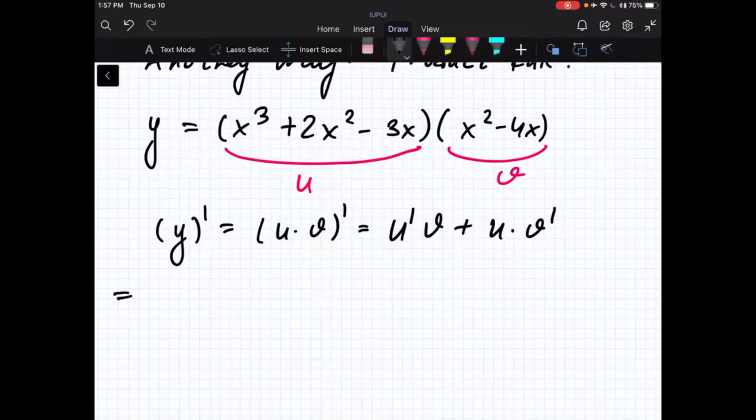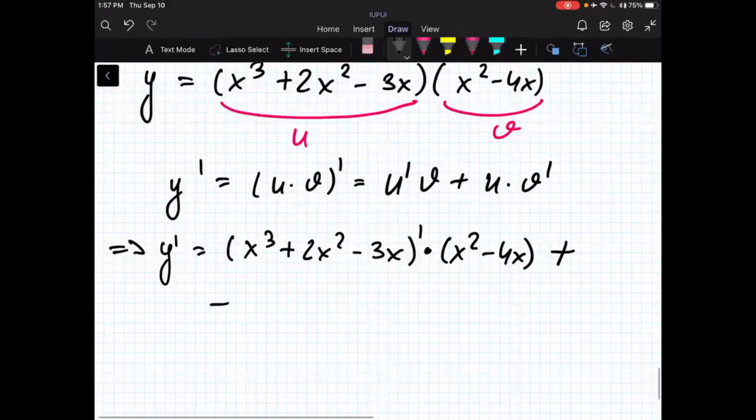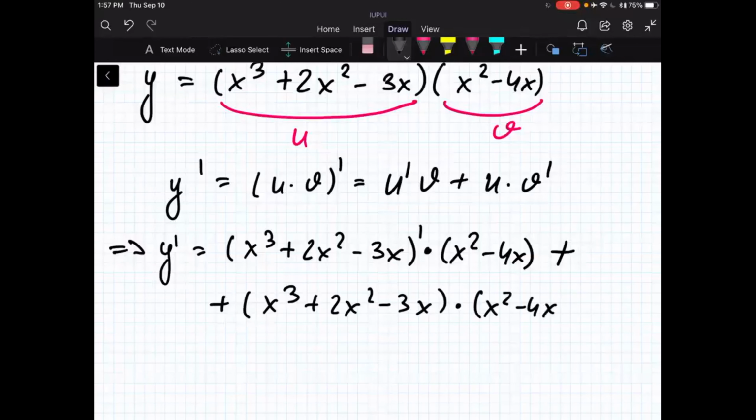So that means that the derivative of y will be the derivative of u, which is this, 2x squared minus 3x prime, times v, which is x squared minus 4x, plus the first function multiplied by the derivative of the second one.